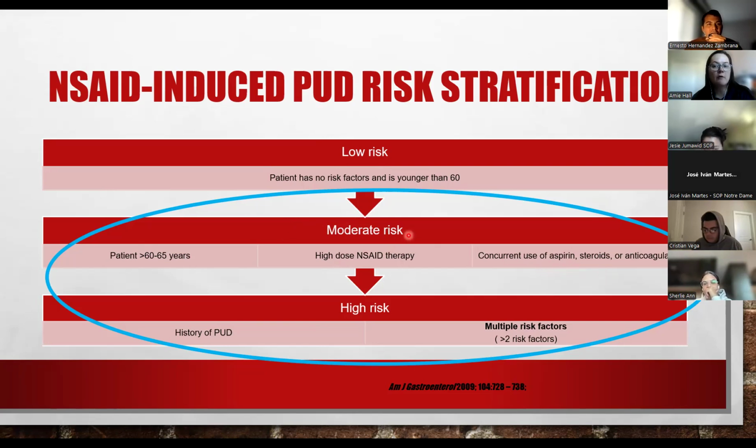These people would be moderate risk. Patients with high risk would be people who have a history of peptic ulcer disease or patients who have more than 2 risk factors. So they're 65 years old and on high dose NSAID therapy, or they're 65 years old and on an anticoagulant for their atrial fibrillation. All right.